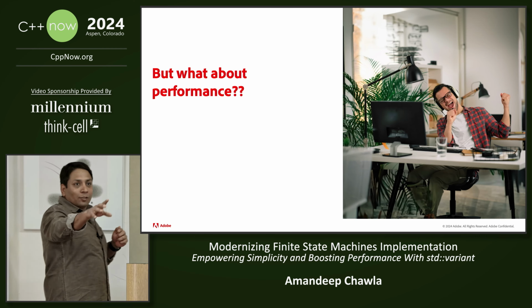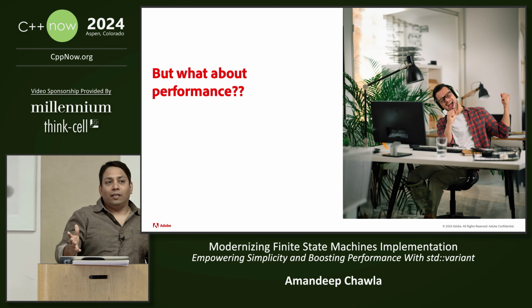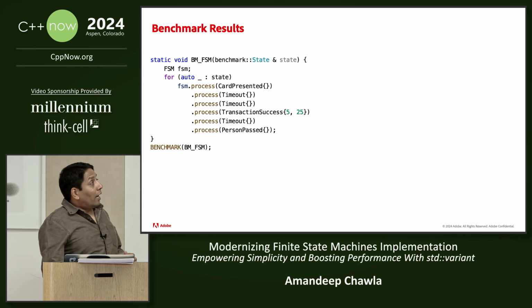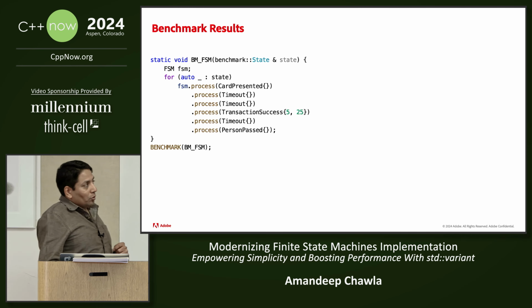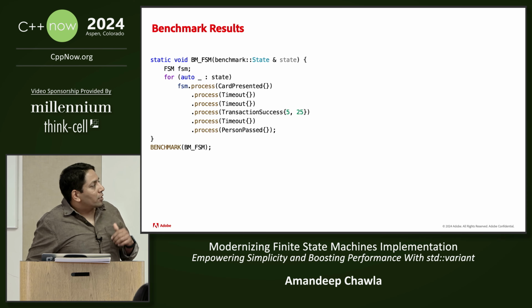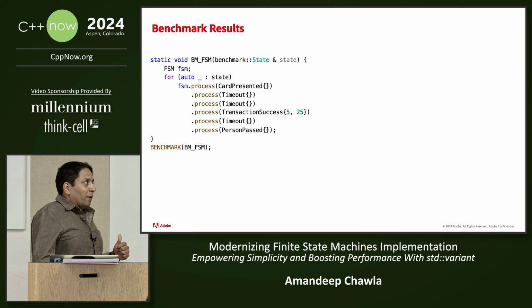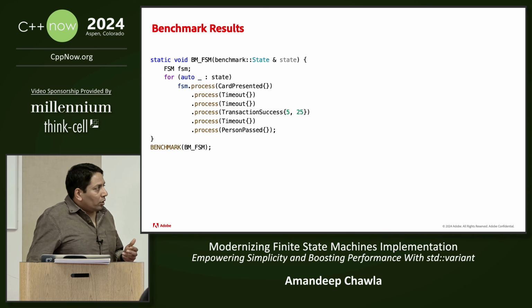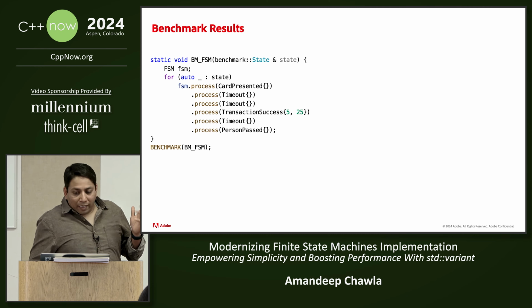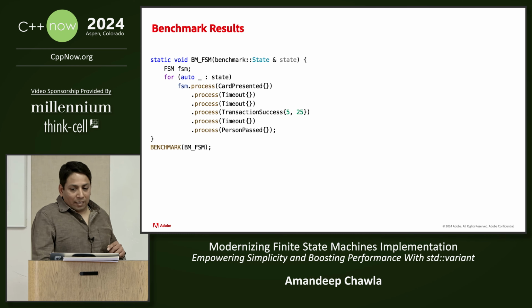That's what I wanted. When I started writing, that was my goal. But I wrote a benchmark test using Doodle benchmark. Here I'm simply doing this: I start with the lot state, get a chart presented, generate two timeouts, then give a transaction success, timeout, person passed. That was my benchmark test.